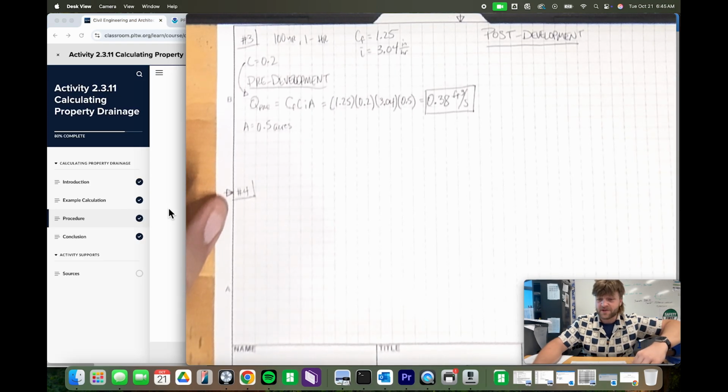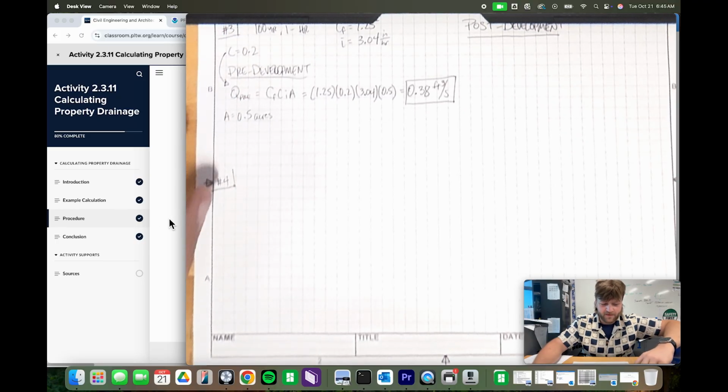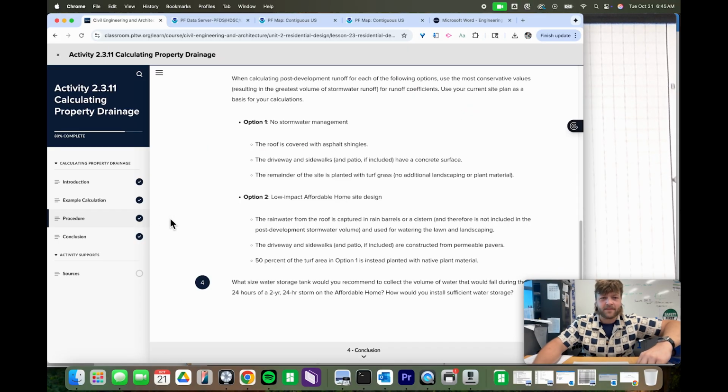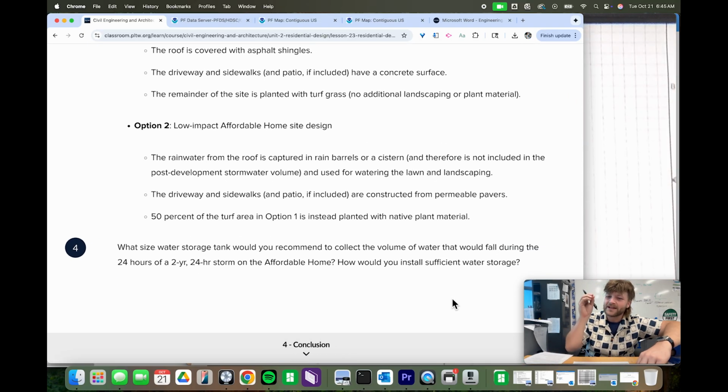Let's go ahead and finish this up with question number 4. Obviously, afterwards, you guys will also want to take a look at those conclusion questions. But question number 4, I like this question a lot. What they're asking us here is, what size water storage tank would you recommend to collect the volume of water that would fall during the 24 hours of a 2-year, 24-hour storm on the affordable home?